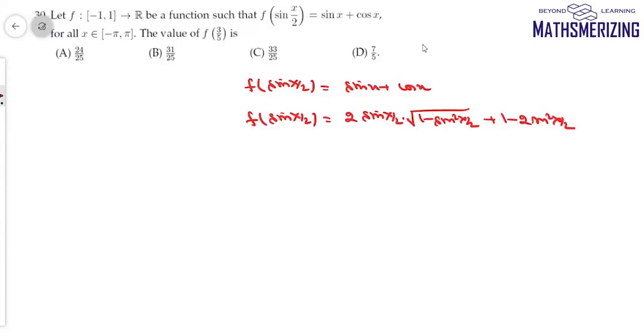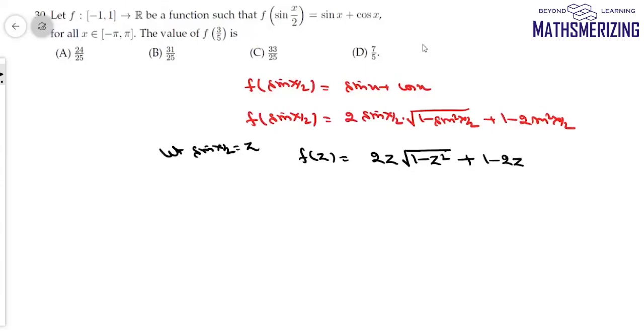So what I'll do is I'll replace this sine x by 2 with some other variable, say z. So I'll write fz is equal to 2z into under root of 1 minus z square plus 1 minus 2z square. Now we need to find the value of f 3 by 5.